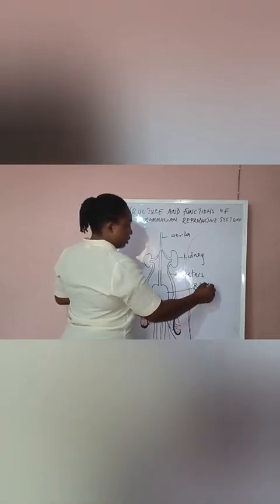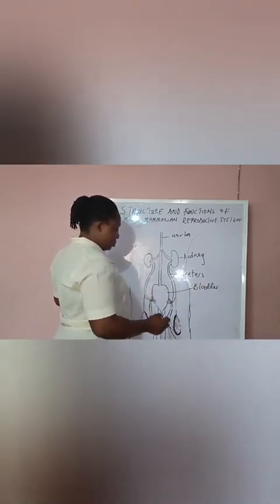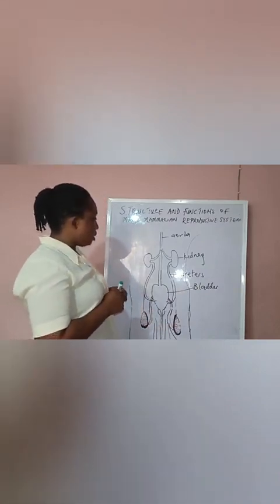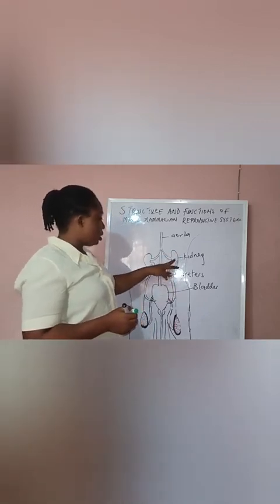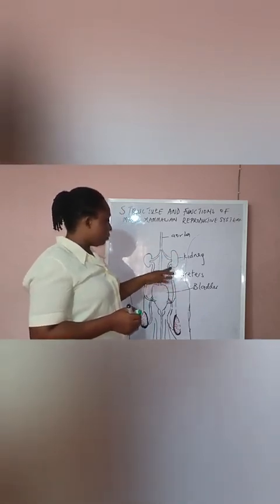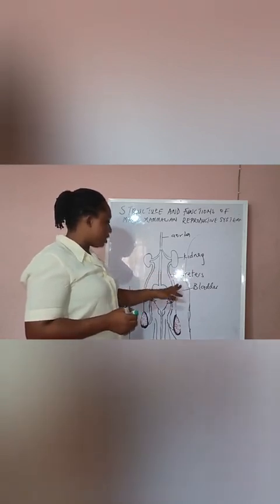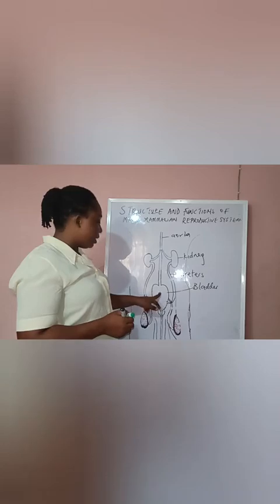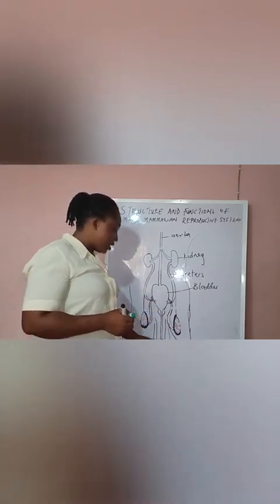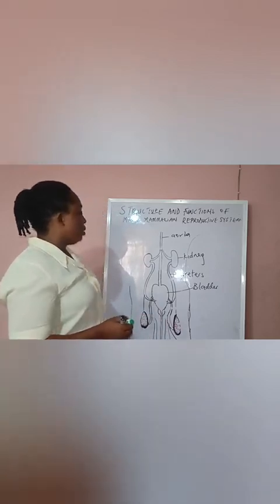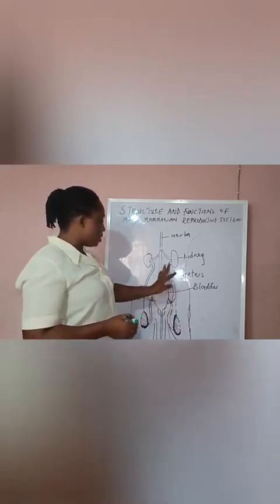So you can see, when the blood is being filtered in the kidney, the urine that is produced will pass through the ureter down to the bladder, and it will come out through the urethra. So you can see how these are connected.